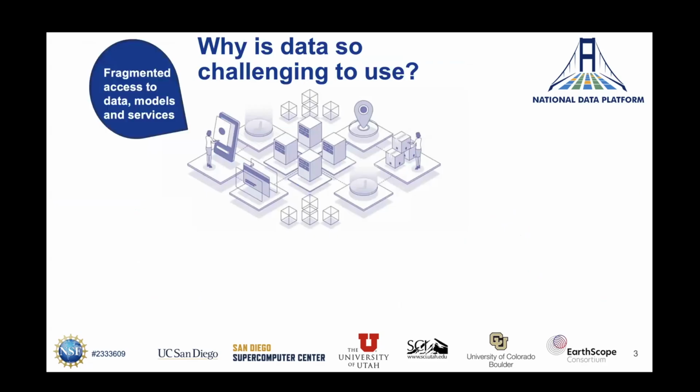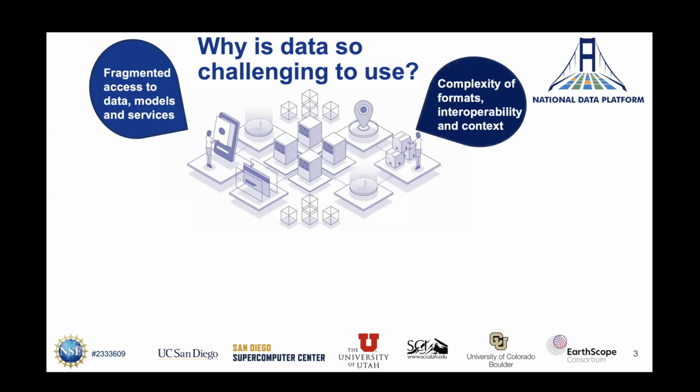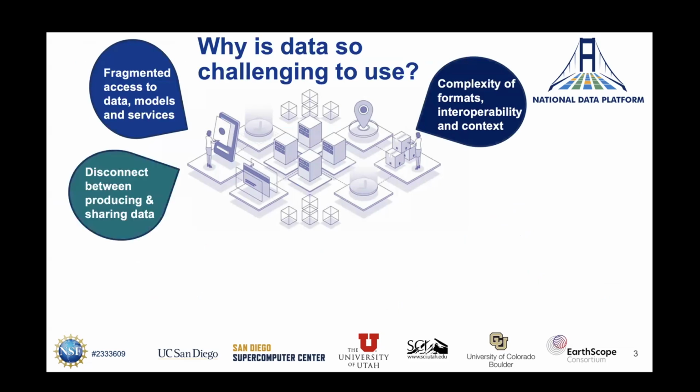And why is it so challenging to use? There's fragmented access to data and model services, they're all over the place, which is actually good distribution. And there is complexity of formats, interoperability issues, and context of use is a big deal that is often not associated with those services properly.